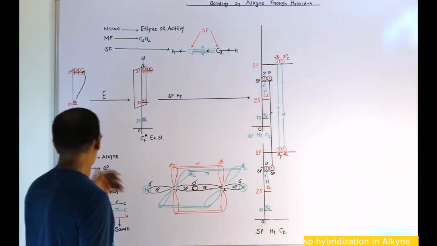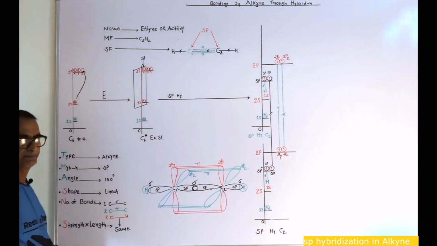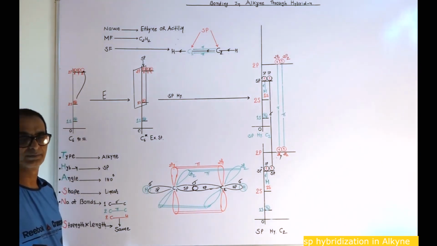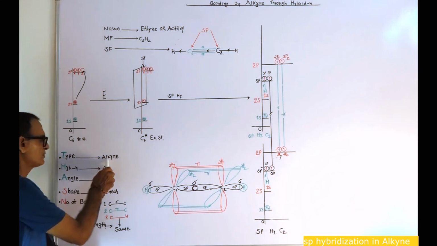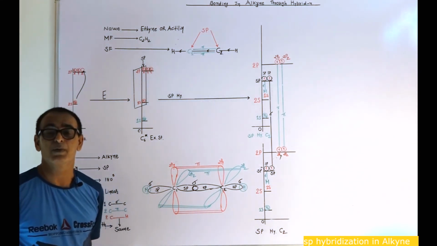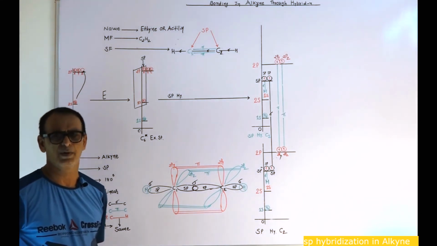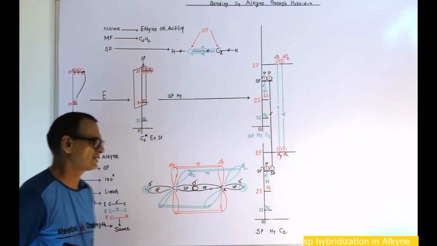तो यहाँ इस कंपाउंड का टाइप क्या है? अल्काइन. Alkyne compound: the hydrocarbon compound in which a minimum of one triple bond is present between two carbon atoms is known as an alkyne compound. ये alkyne series का member है.